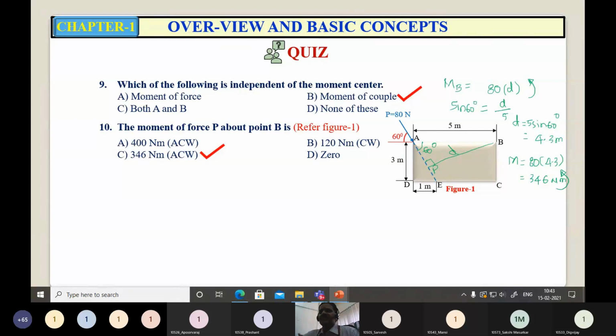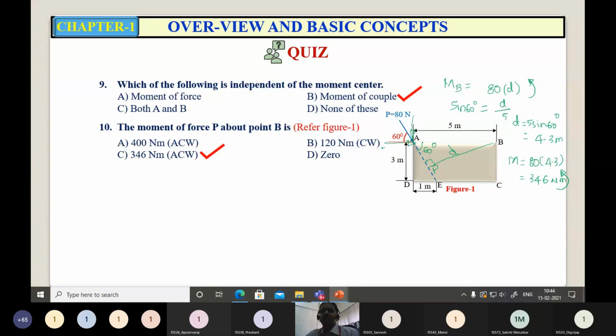Sometimes it is difficult to find the perpendicular distance. In such cases, you can resolve this force into two perpendicular components, horizontal and vertical. This we are going to study in the second chapter, resolution of force.